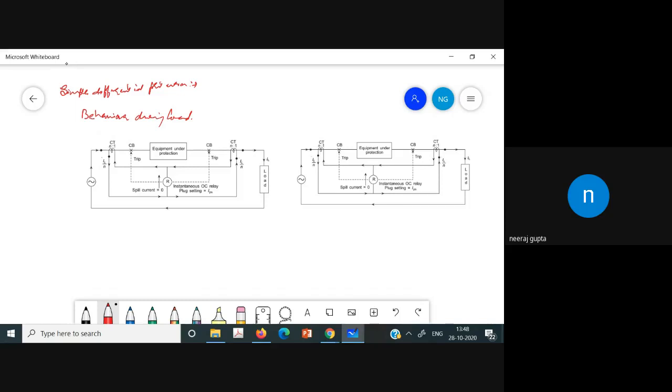Now let us suppose that this is the equipment which needs to be protected. And in this case, as we have discussed, we have used two CTs here, before and after.